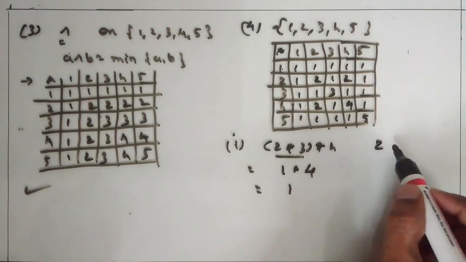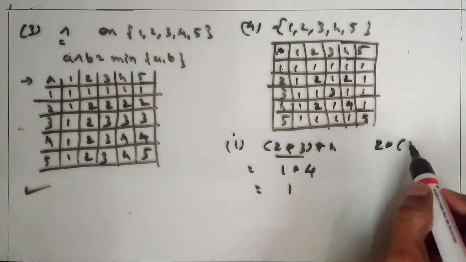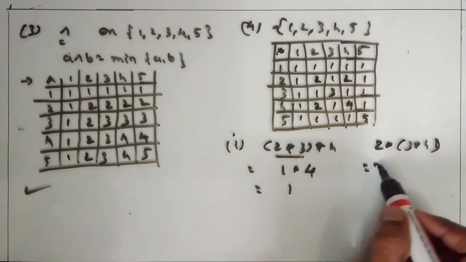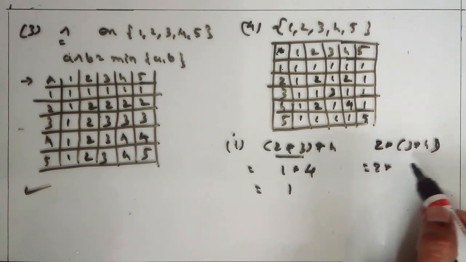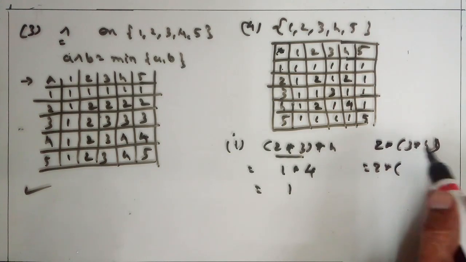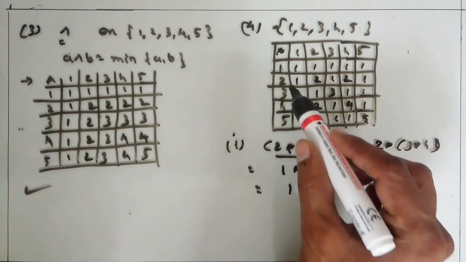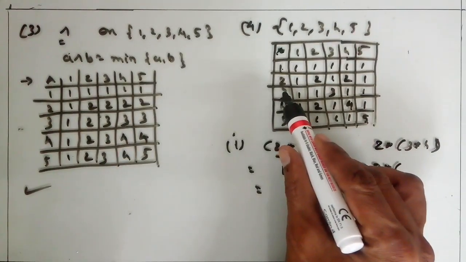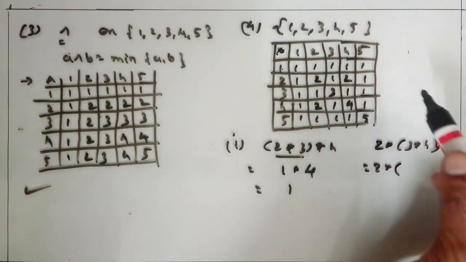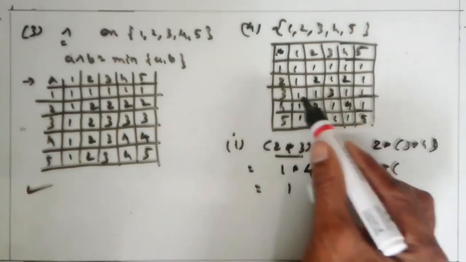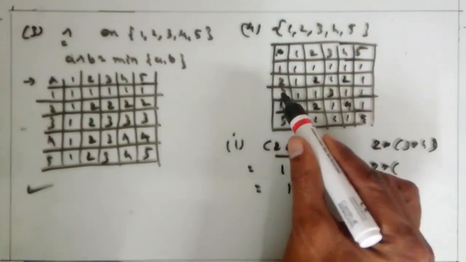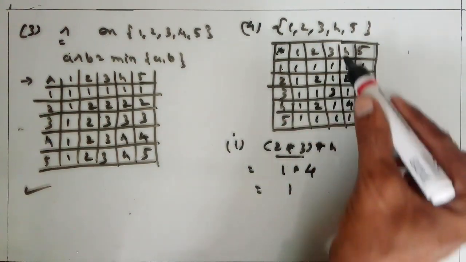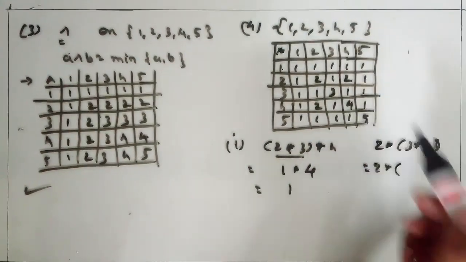Similarly, we get 2 star (3 star 4). First get 3 star 4. So we get the intersection of the row containing 3 and the column containing 4.